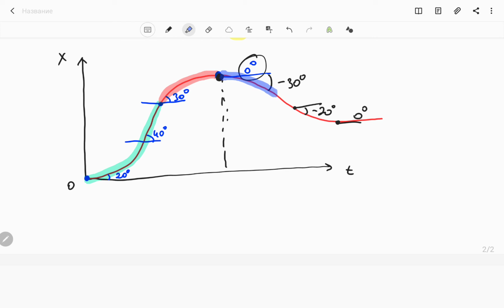From here till this point approximately, the angle is increasing in the wrong direction, in the negative direction, let's say. So basically velocity becomes negative and increasing. It means this object, this car, changed its direction and accelerates to the left, in the wrong direction. Velocity increases but to the left.